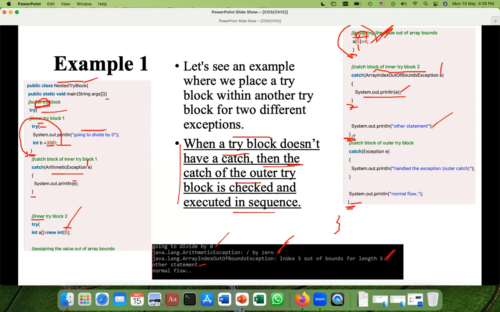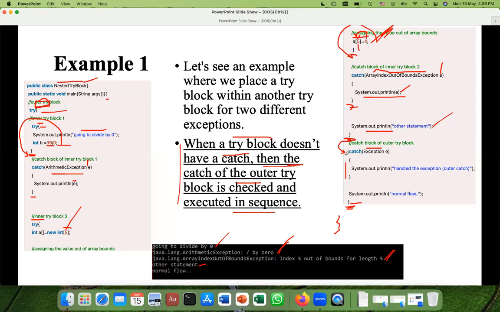And now if we had an exception here before the closing bracket, then I would come out here, match it, and print that exception with this catch. So now this outer try block does not have any exception. So the control will come here, but this catch is not needed because we don't have any exception.